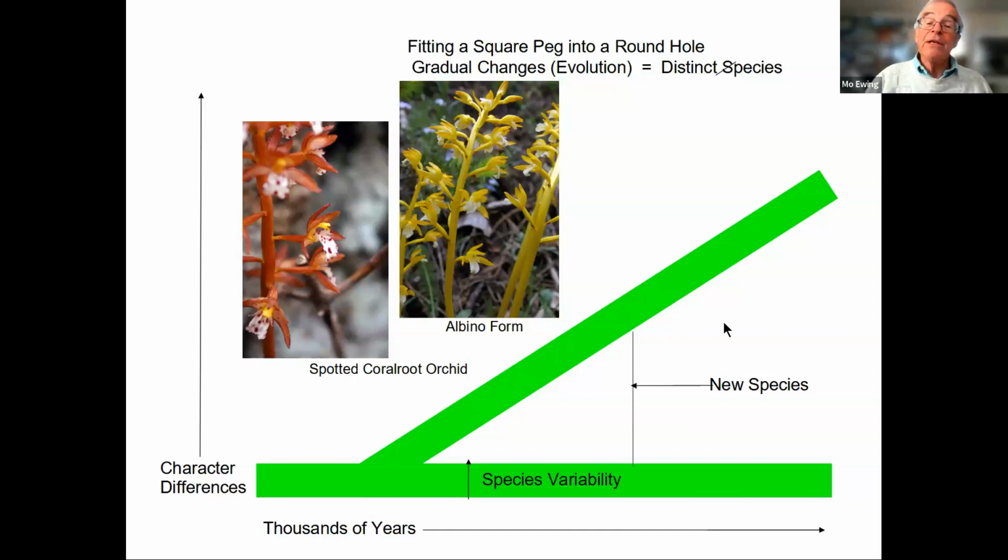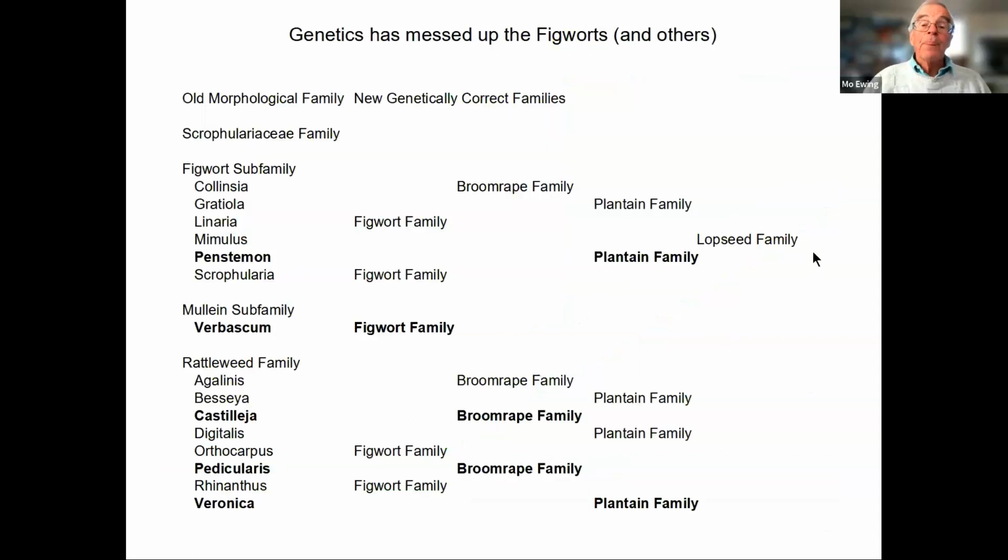So this leads us into the next family, which is a mess, and it's always been a mess. It's the figwort family, and this family has always been very difficult because basically it was in the old morphological families, which is called Scrophulariaceae.